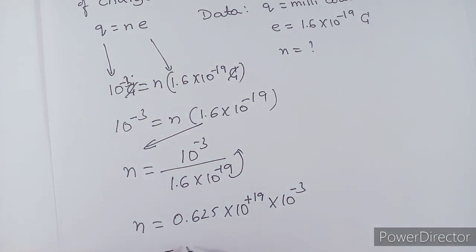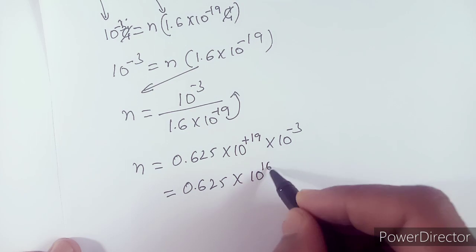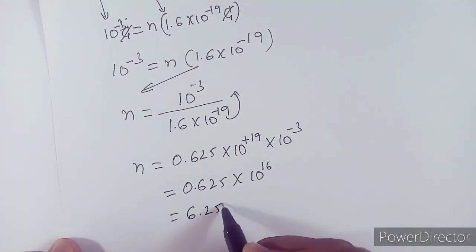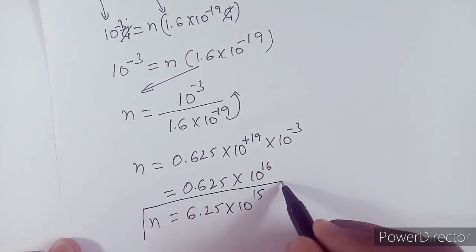Then 0.625 into 10 to the power plus 19 minus 3 will give 10 to the power 16, so plus 16, that is equal to 6.25 into 10 to the power 15. So this is the value of N.